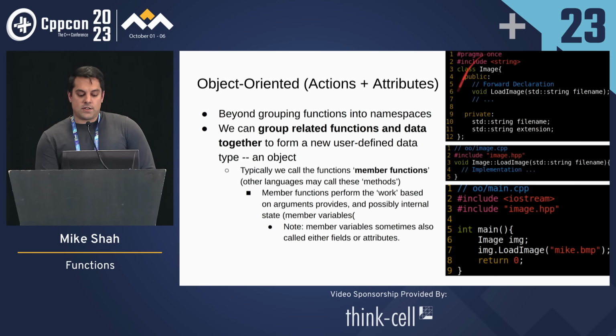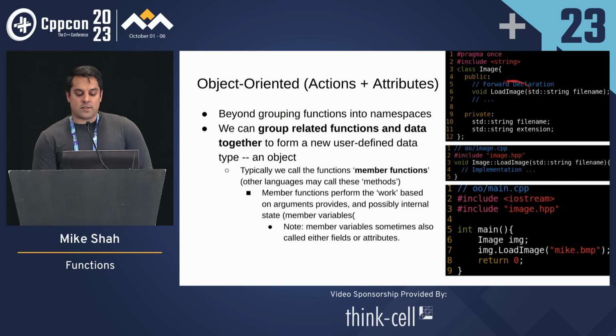So I'll draw your attention to the top right of this screen, just as an example. I've got this class here called an image. Make it a class or a struct depending on public or private. And I've got at least one member function here for loading an image. Maybe changing some pixels on the image or converting it.